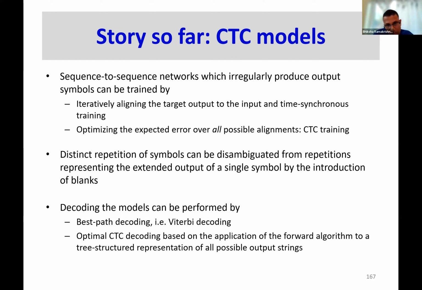Distinct repetitions of symbols can be disambiguated from genuine repetitions by using the blanks. And decoding can be performed using best path decoding. This should not be called Viterbi decoding, it's greedy decoding, or optimal CTC-based decoding based on the application of the forward algorithm to a tree-structured representation of all possible output strings. So that's it. That's the end of this lecture.